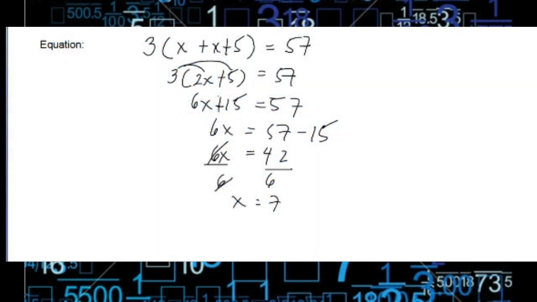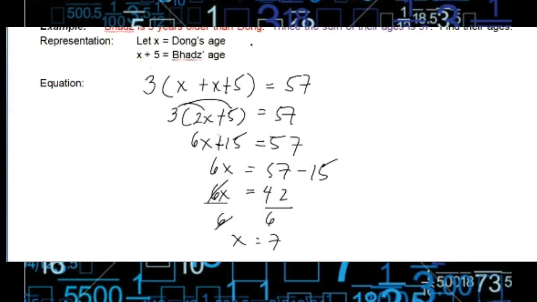Yung 7 na ito na na-compute natin, ito yung age ni Dong. Substitute nyo siya dito dun sa representation, yung value ni X. Palitan nyo yung X ng 7. O, paano na may edad ni Bads? Di magiging 7 plus 5. So, anong edad? 12. So, ito yung edad ni Dong, ito edad ni Bads. O, para malaman kung tama, i-check natin.